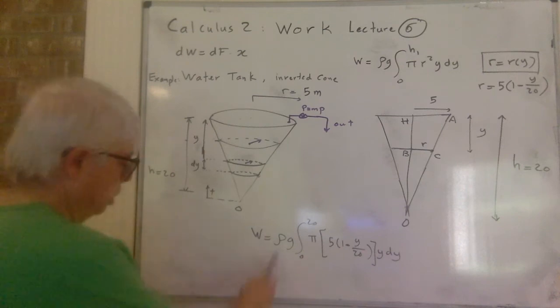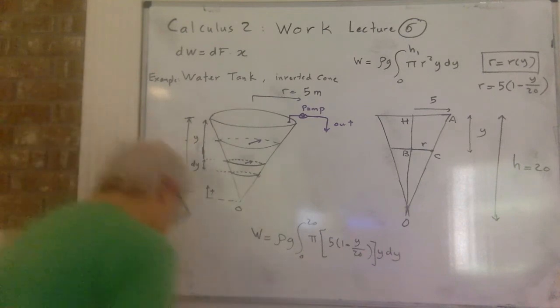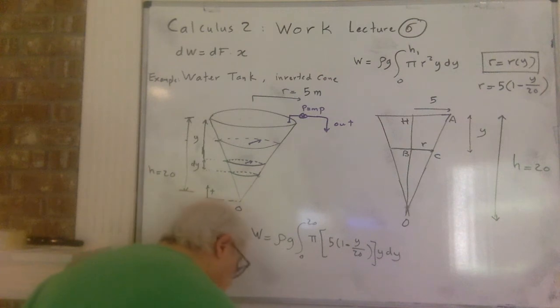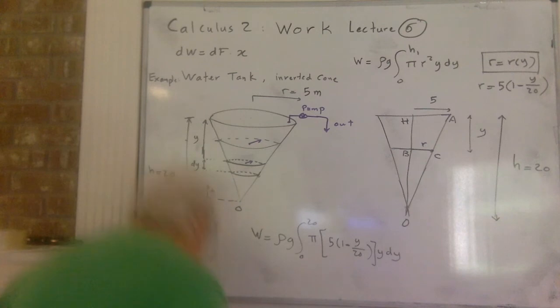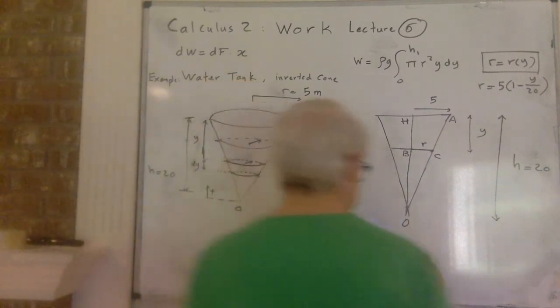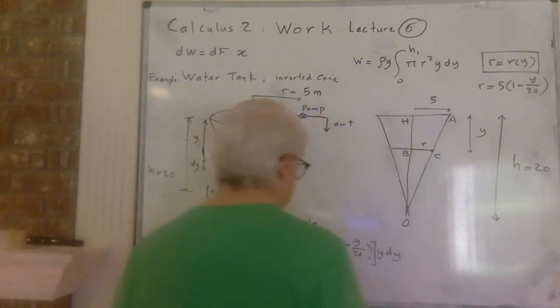Okay, so this is work. And the only thing is this rho g, which I can't find here. I can check online. I think that's 1,000.